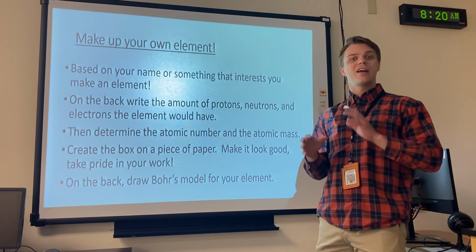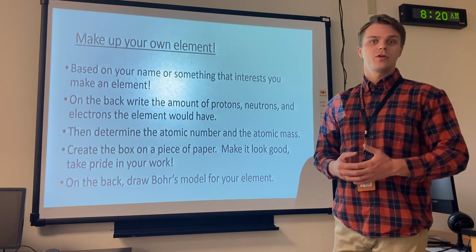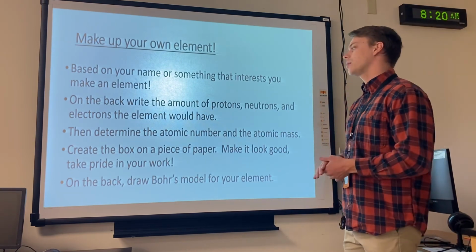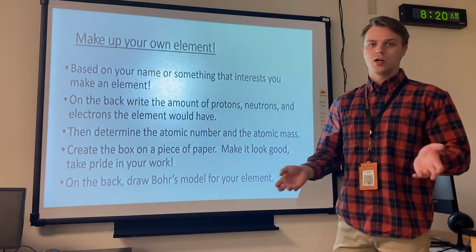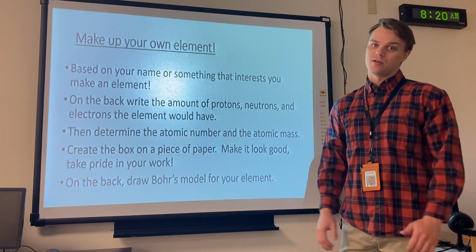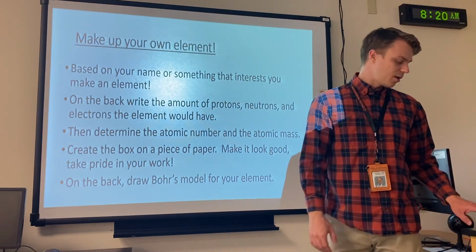Remember, when we have a lot of protons in an element, we need many more neutrons to keep those protons calm and stable, okay? So you're also going to draw a Bohr's model on it, so make sure you don't choose like 100 protons and like 150 neutrons, because then you're going to be drawing 250 circles, which is going to be absurd.